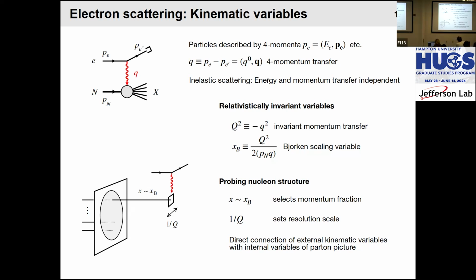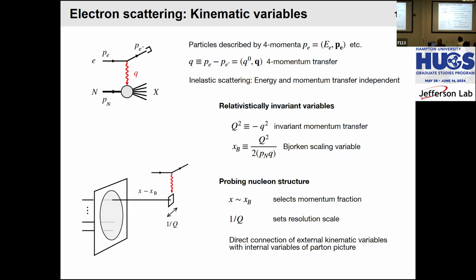In these processes, the particles are described by their 4-momenta, so the 0 component is the energy, and then the 3-momentum. The 4-momentum transfer of the process is defined as the difference of the 4-momenta of the incoming and outgoing electron.